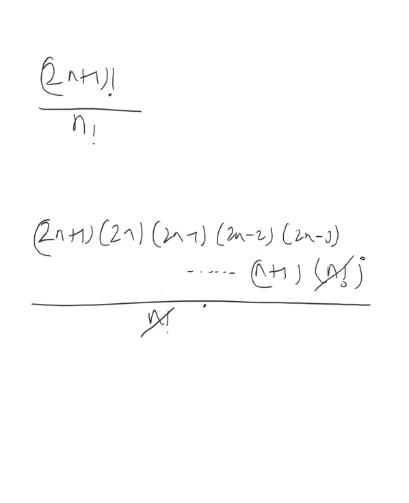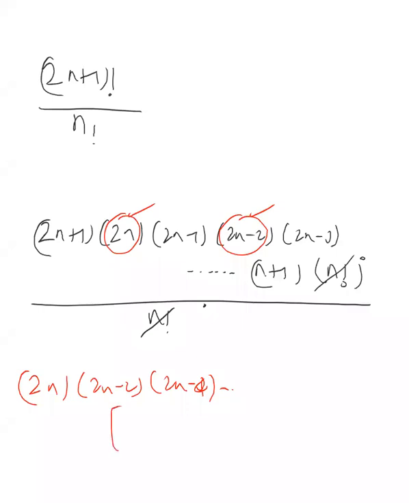In that you have to select only these terms. 2n minus 2, these terms which are even terms. Those terms you have to separate out. And odd terms you have to put separate. 2n plus 1, 2n minus 1, 2n minus 3, like that.